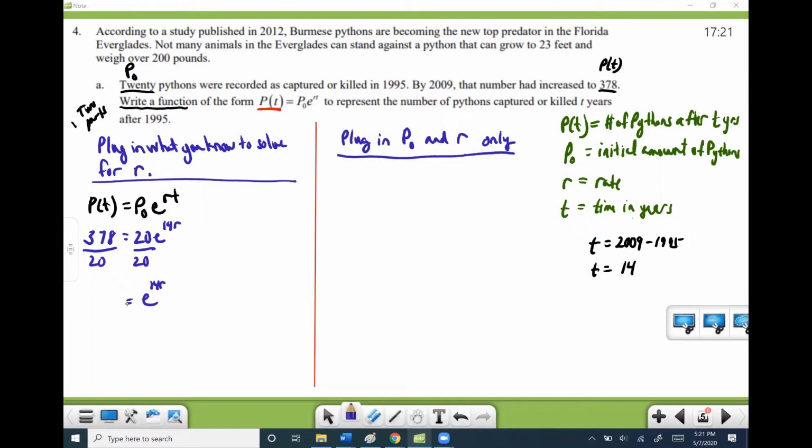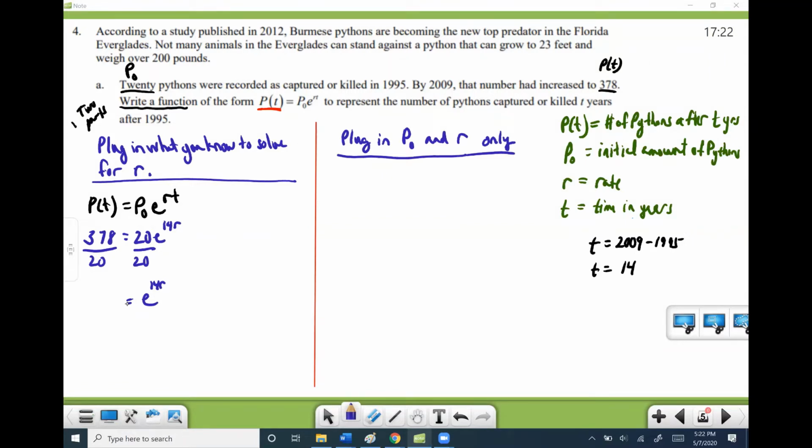18.9, can I get a second on that? Okay, let's see, 378 divided by 20.